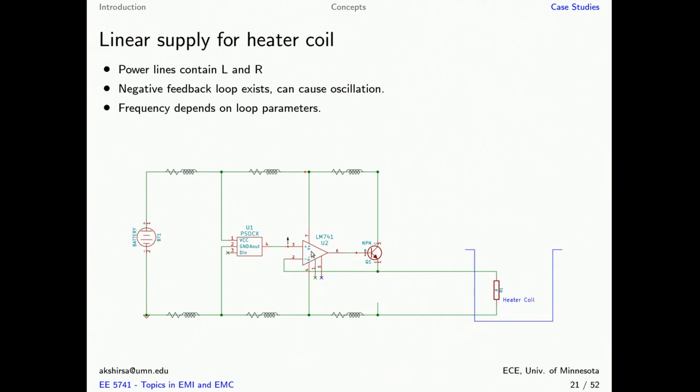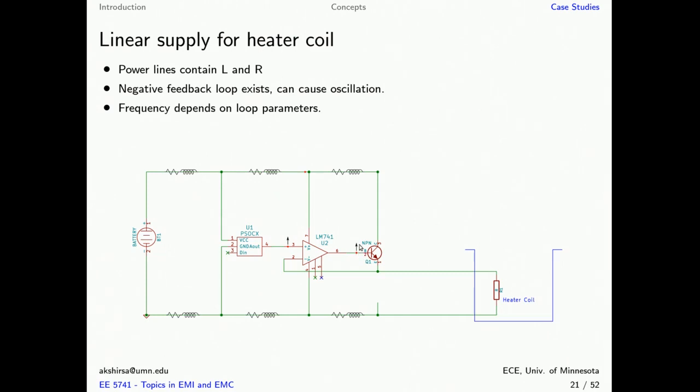Basically, the op amp ensures that the inverting and non-inverting inputs are at the same voltage. Unfortunately, supposing we were to increase this node by a slight amount, which means we want to increase the current in the heater coil by a small amount, the voltage at this node will increase.